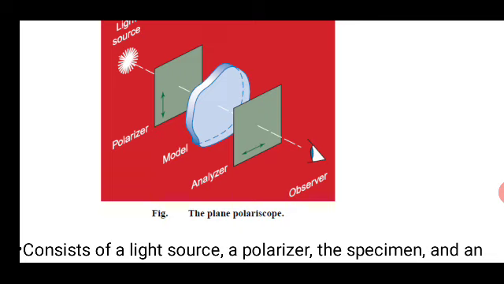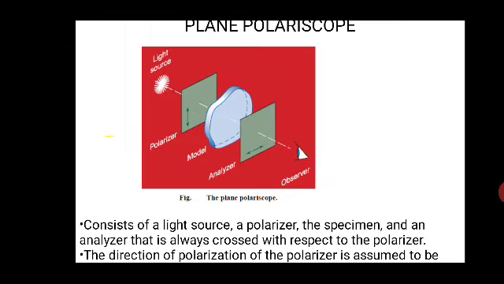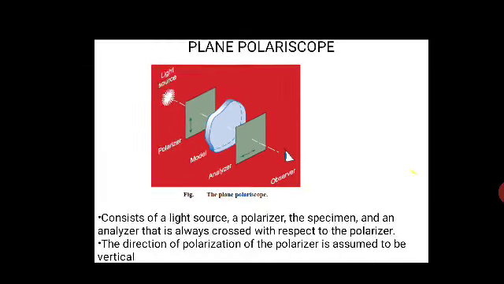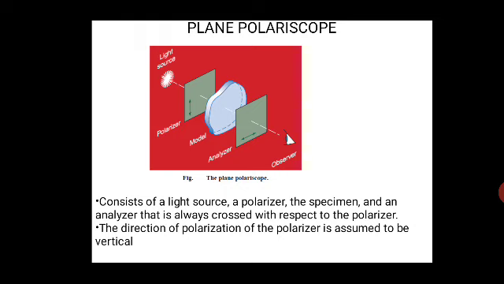The fourth element is the analyzer. Through the analyzer, the observer can observe the stress developed in the member depending upon the fringes developed. So in general, the plane polariscope consists of a light source, a polarizer, the specimen, and an analyzer.